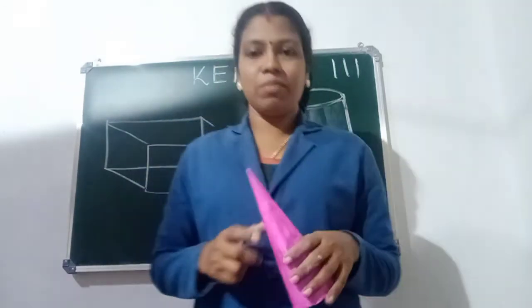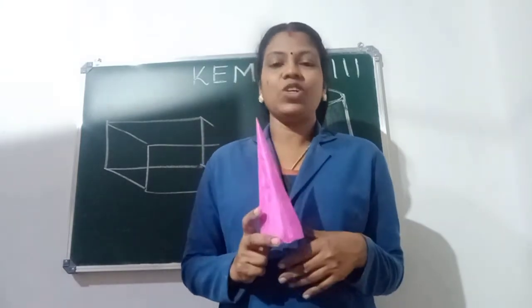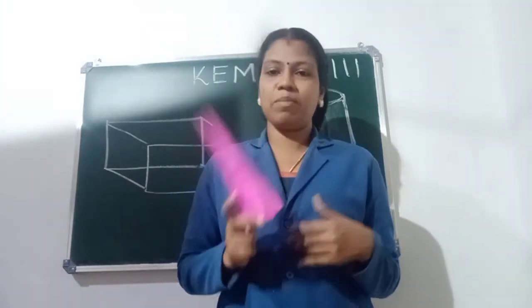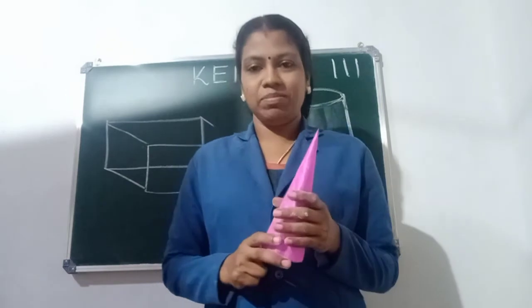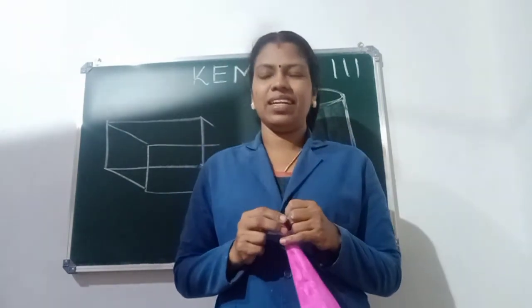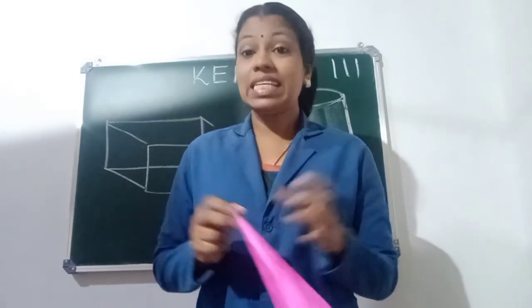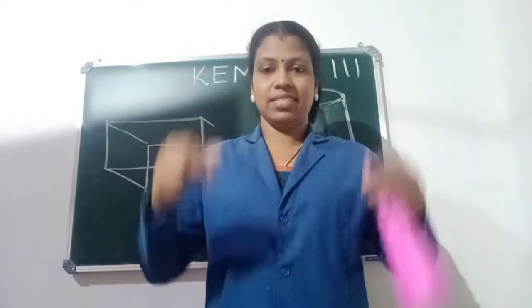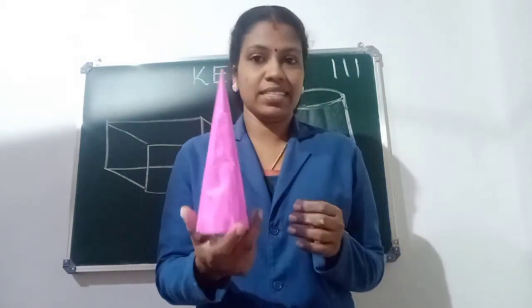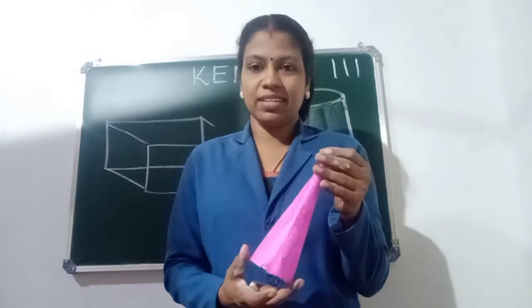Okay, so some examples for cone shape. Already we said birthday hat. Next one. Yes, circus tent. Circus tent is in this shape. Have you seen?